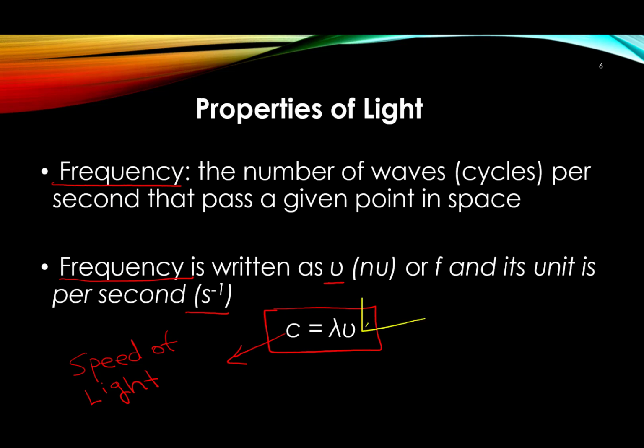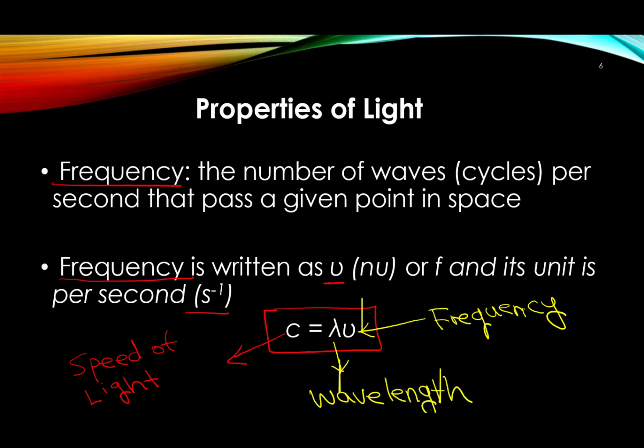Nu is the frequency, and lambda is wavelength. Then c is the speed of light. The speed of light is meters per second, wavelength is meters, and frequency is per second, 1 over s, or s to the power of -1.